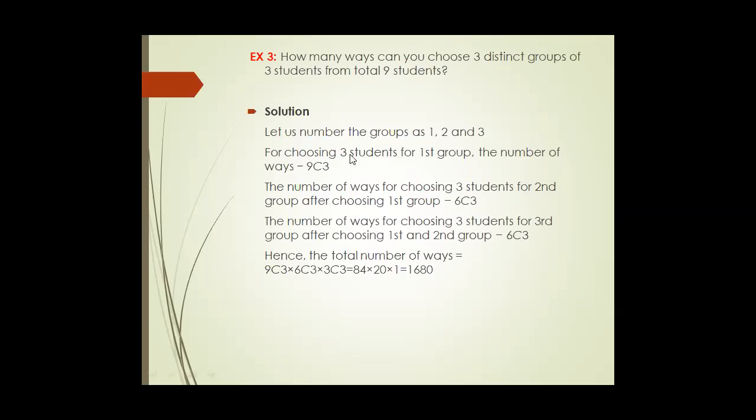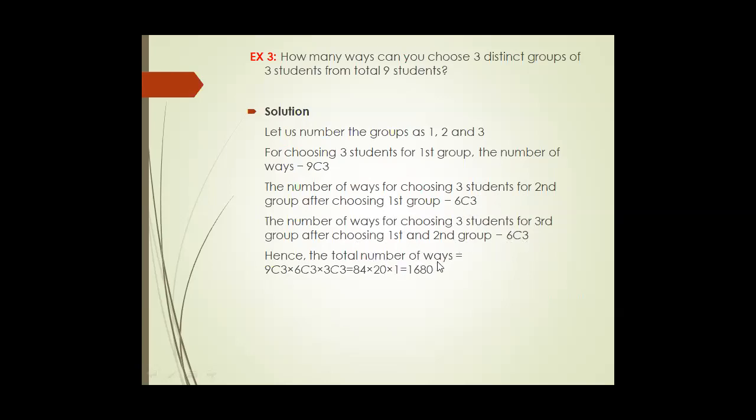Let us number the groups as 1, 2 and 3. For choosing 3 students for the first group, the number of ways is 9C3. For the second group after choosing the first group, it is 6C3. For the third group after choosing the first and second groups, it is 3C3.